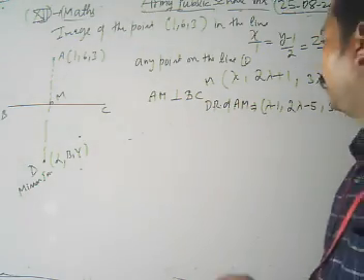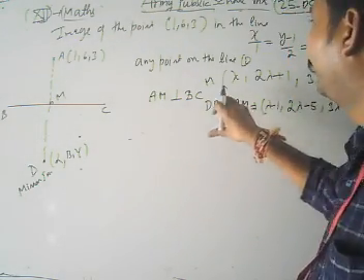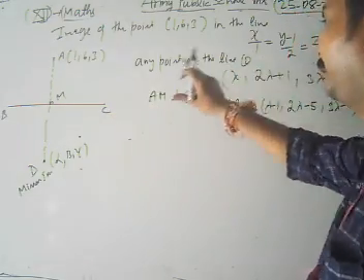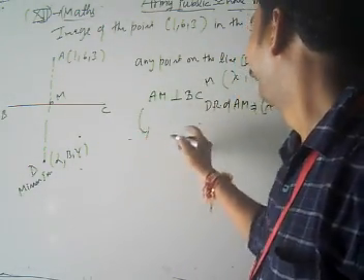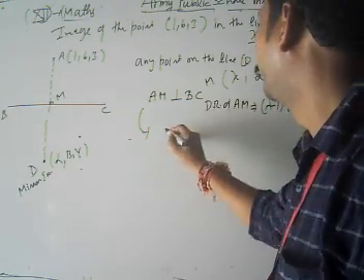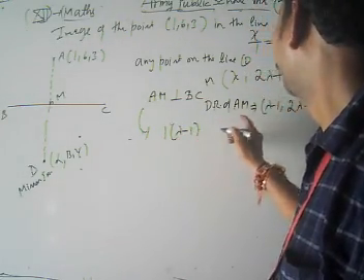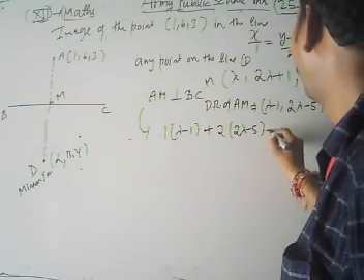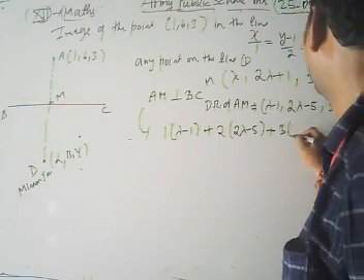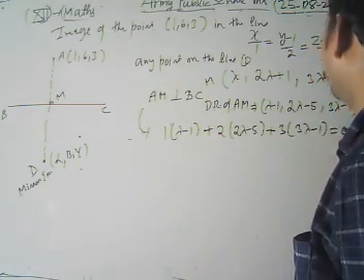The direction ratios of line BC are 1, 2, 3. Since AM is perpendicular to BC, we have 1 times (lambda minus 1) plus 2 times (2 lambda minus 5) plus 3 times (3 lambda minus 1) equal to 0.